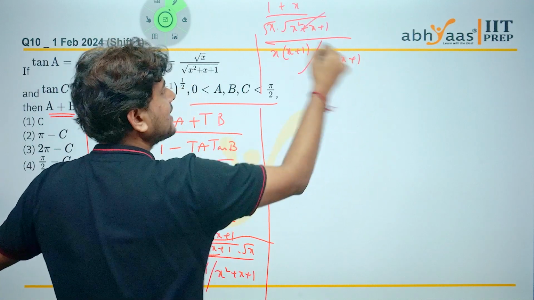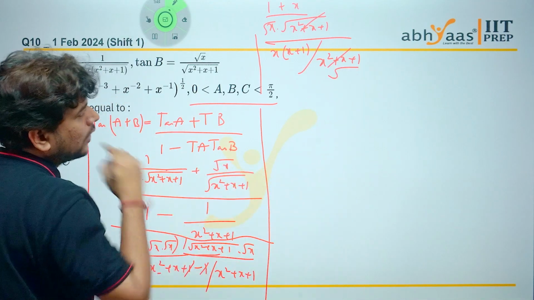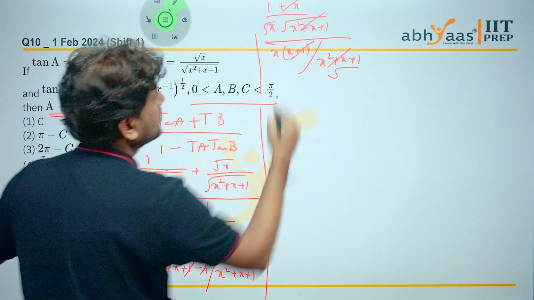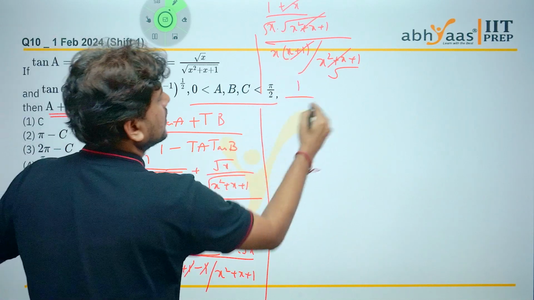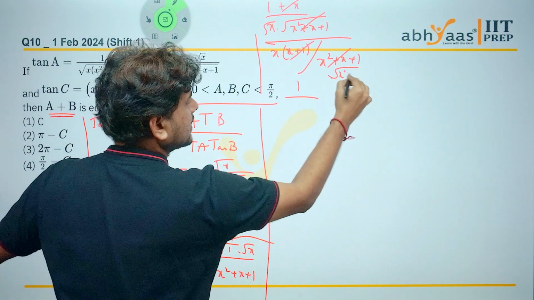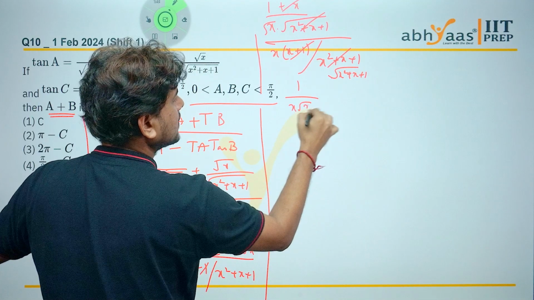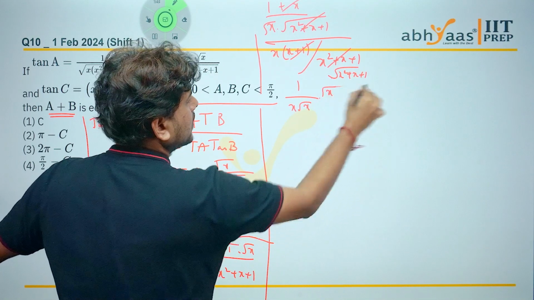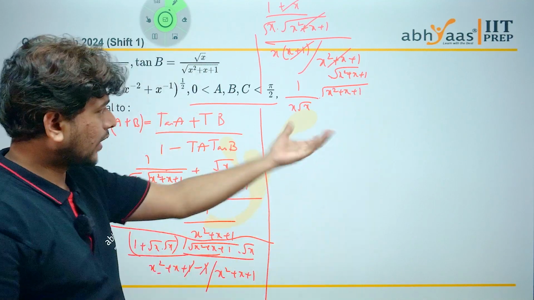So we can cancel this root times. Now we can cancel this also. We are left with 1 by root of x square plus x plus 1. So 1 by x root x into root x square plus x plus 1. This is what we are left with.